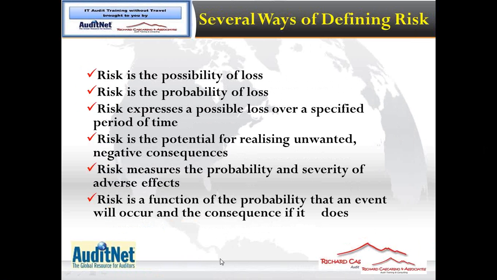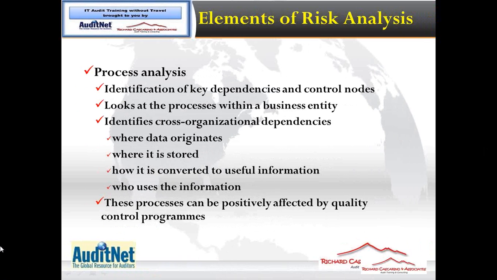Now, with all that said, how do we go about it? Well, we start off by looking at the processes, the business processes within the organization, and then looking towards the key dependencies and control nodes. That cannot work without this. And that's a point at which assets move, records transform, vulnerability exists.